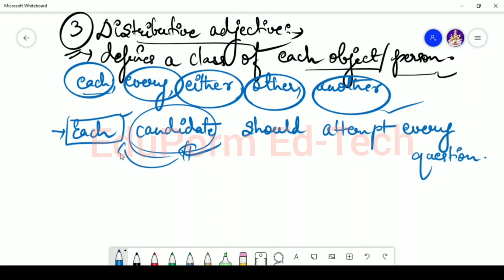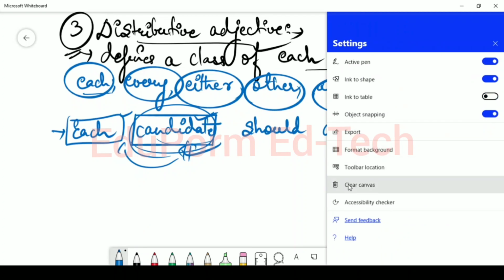Each is defining a class of candidate here. We are referring to each and every candidate present, giving them instructions that each and every candidate should attempt every question. So these types of adjectives are known as distributive, as the name itself suggests.